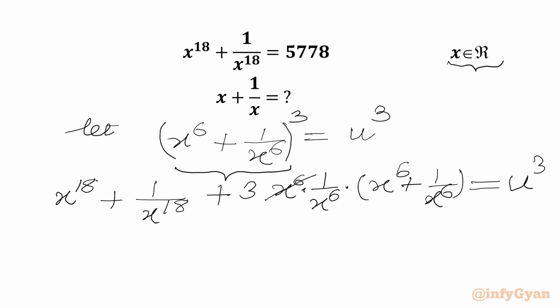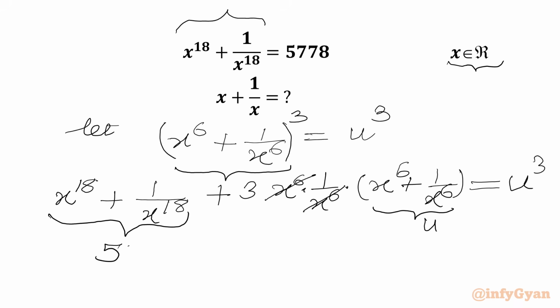Now we can cancel x power 6 with denominator x power 6, and here we can write our substitution u. x power 18 plus 1 over x power 18, this is 5778.